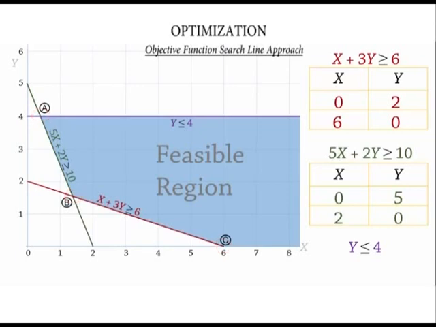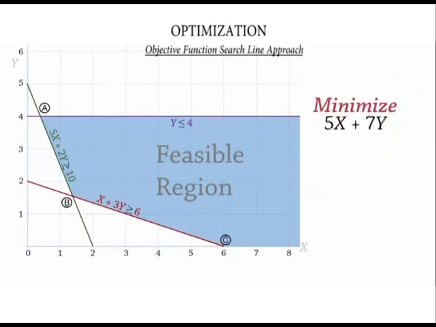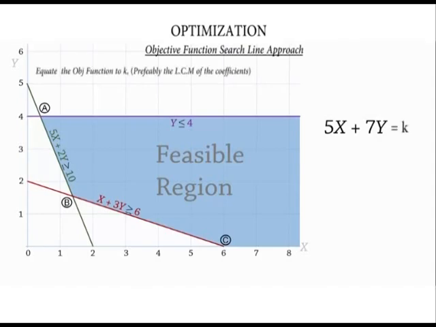Now, recall our objective is to minimize 5x plus 7y. So we find the corner point that will give us the minimum value of 5x plus 7y. Instead of testing each point separately, we will use a search line. To get a search line, we equate our objective function to a k, where k is any number, but preferably the LCM of the constants of x and y.